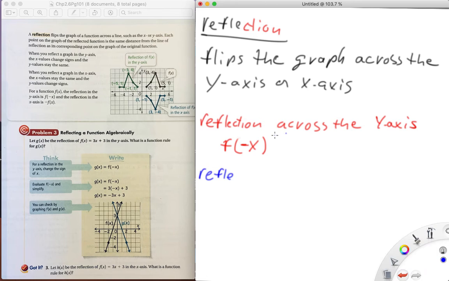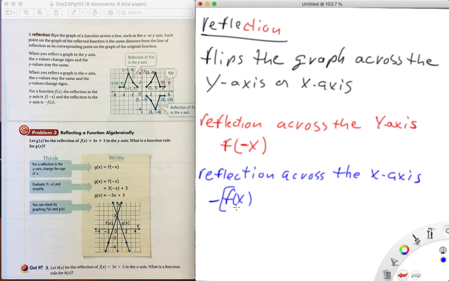We talk about a reflection across the x-axis. We're talking about negative f of x.